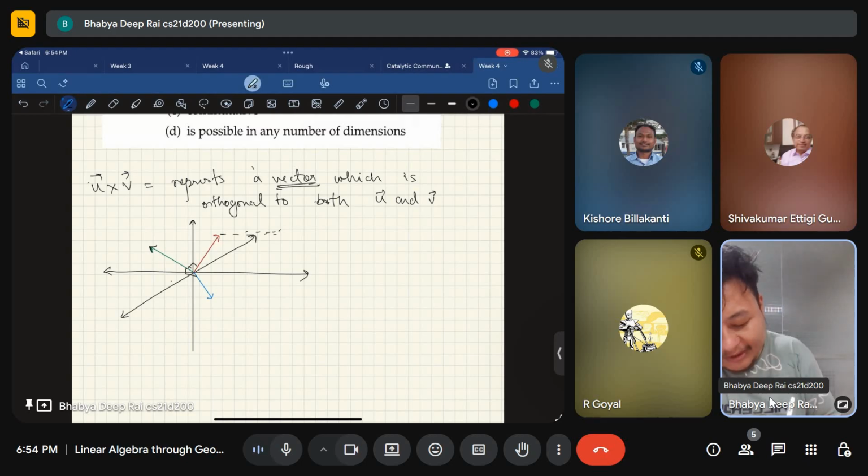The magnitude is surprisingly equal to the area of the parallelogram formed by the red vector and the blue vector, which are, let's say, u and v. This is u, this is v, and here you have u cross v.